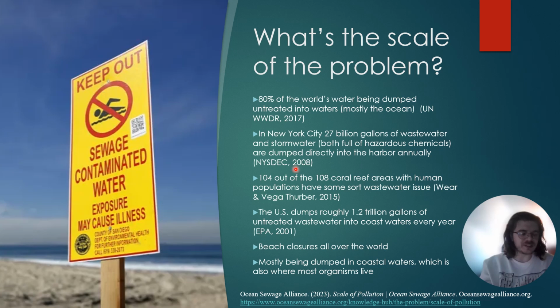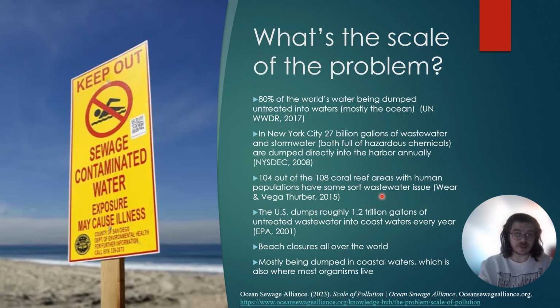I'm pretty sure there are, from doing my research, so that should be a lower number now, but that's still incredible. And then 104 out of the 108 coral reef areas that have human populations. I imagine these are areas in Hawaii and areas where humans live, right where coral reefs are as well.